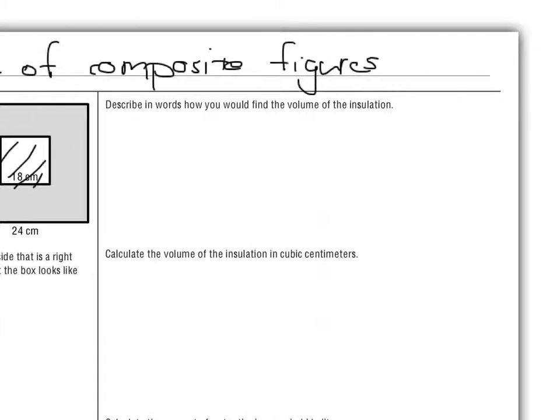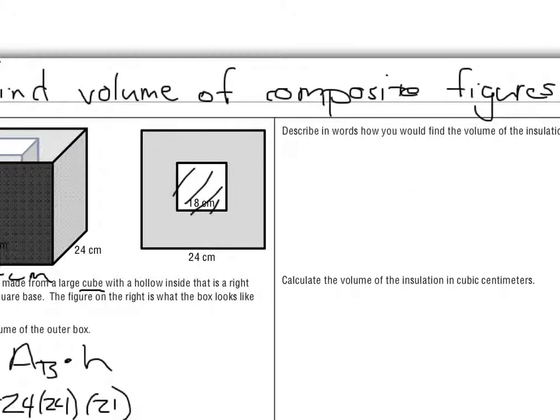All right, now describe in words with your team, how would you find the volume of just the insulation, just that part in the middle? How would you find the volume of just this space?